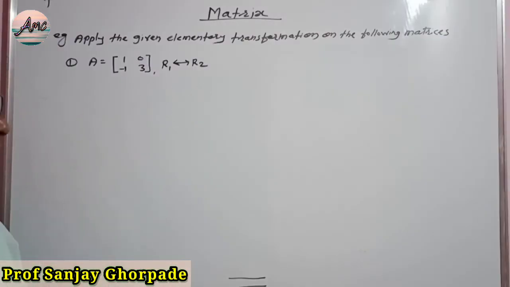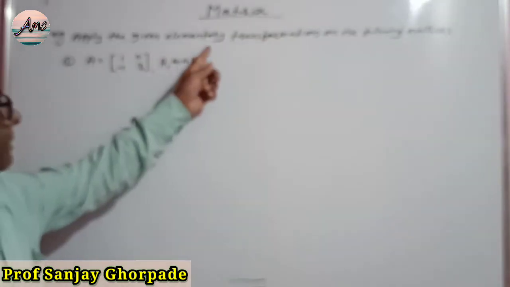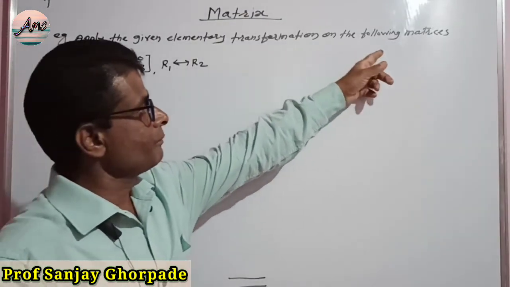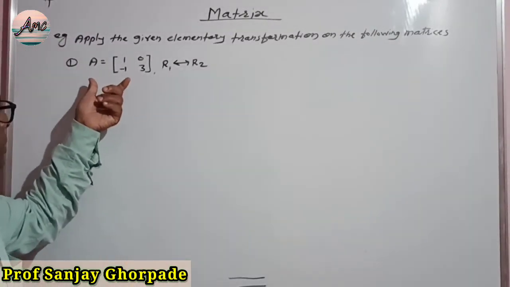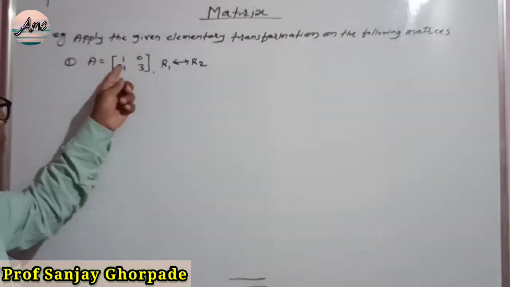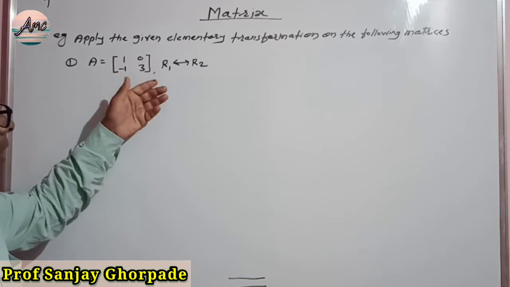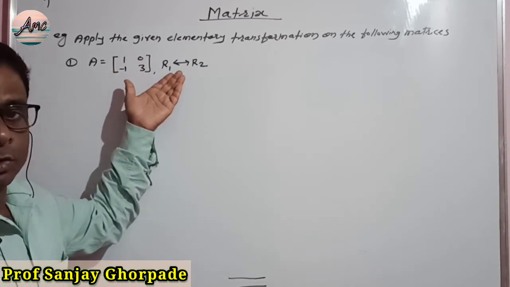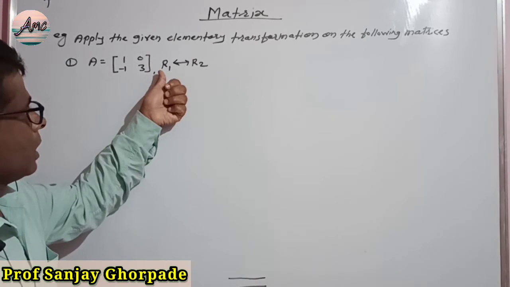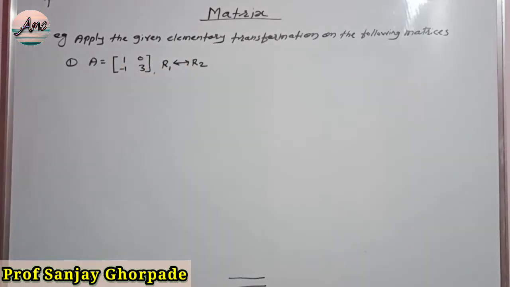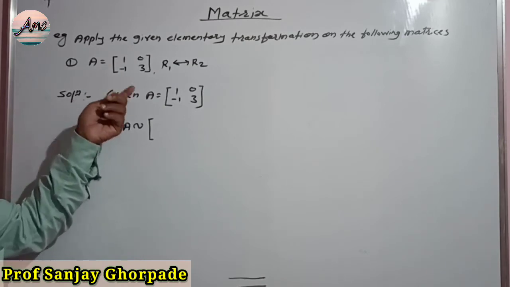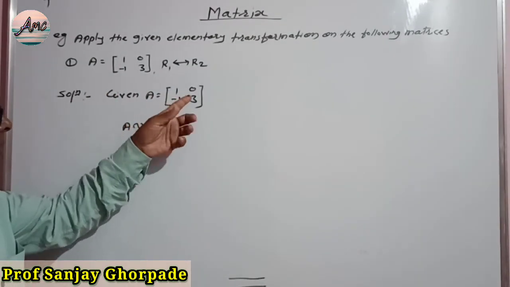The question is like this: apply the given elementary transformation on the following matrices. We are given one matrix here: matrix A equal to 1, 0, minus 1, 3, and we are given the row operation R1 interchange R2. Solution: given matrix A equal to 1, 0, minus 1, 3.